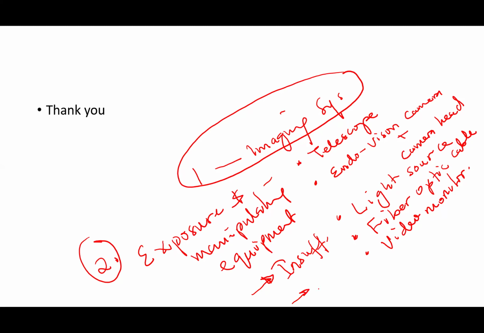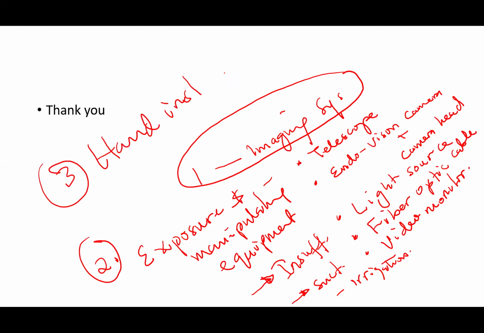Then there is the suction irrigation system, which is also a manipulating and exposure device. Then the other group of equipment we'll talk about is the hand instruments, the various types of hand instruments. We are going to discuss them.